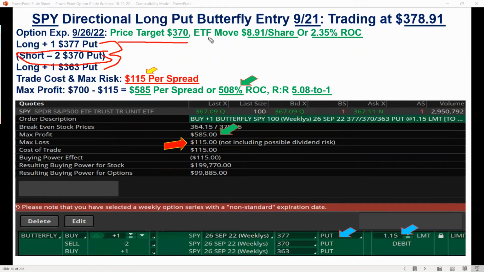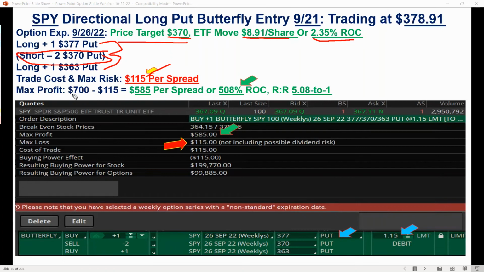Now, think about it. If you had just done the ETF and shorted the shares of SPY and it hit your target of 370, you would have made $8.91 per share. Your return on your capital at risk, though, would have been 2.35% in this situation. But with this trade, doing the butterfly, your risk was only $115. If you did the shares, it's going to be much greater.